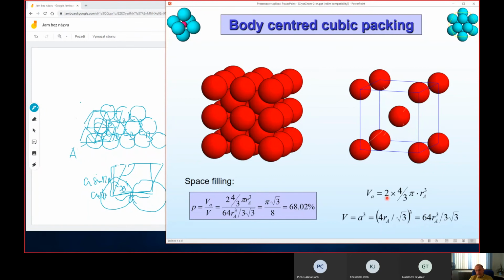We have 2 atoms per unit cell times the volume of an atom, which yields pi times square root of 3 over 8, which is 68%. So this is the third possible arrangement, which is frequently observed for real crystal structures of metals.